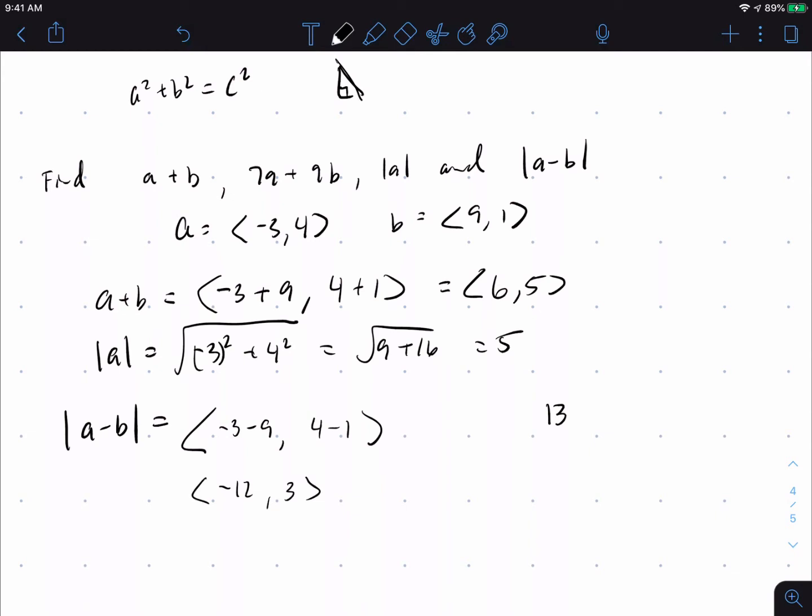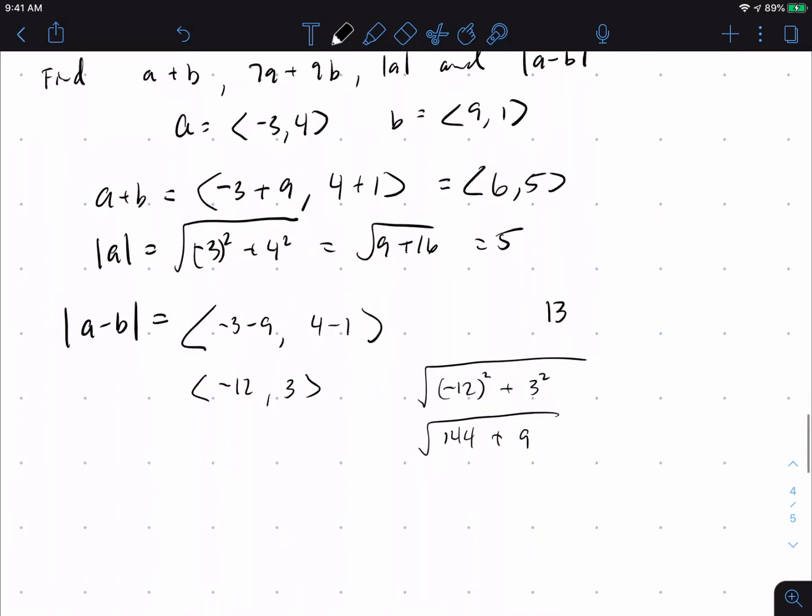And then the magnitude of that should be negative 12 squared plus 3 squared, which is 144 plus 9, right? Correct. And then that's going to be 153. Oh yeah, that's not 13.